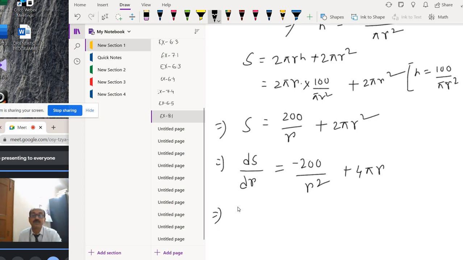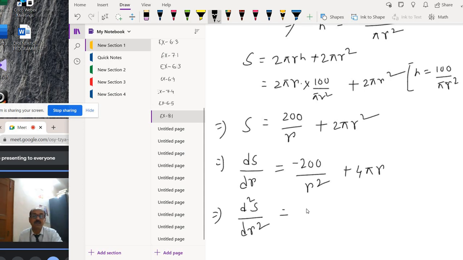Since 1 by r square means r to the power minus 2, the derivative is minus 2 into r to the power minus 3, that is minus 2 by r cube.